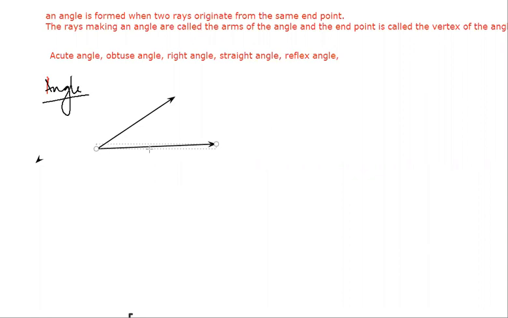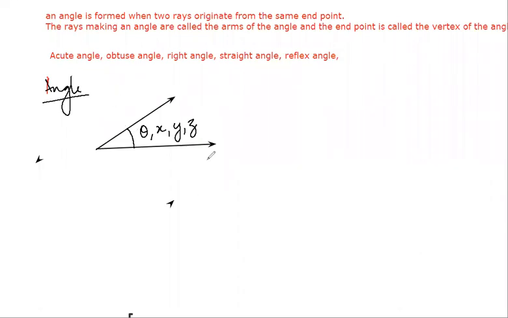Now, an angle is formed when two rays originate from the same endpoint. This is the angle formed. We can name this angle theta, which is a Greek letter. We can name it x, y, or z also, because these are variables. Theta is also a variable. It can be any angle, 0, 90, 270, any angle.